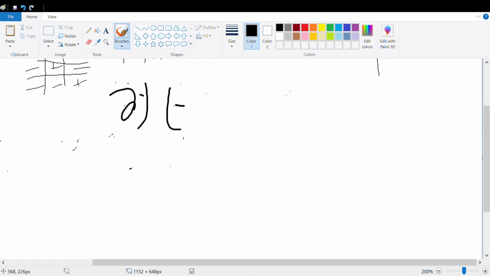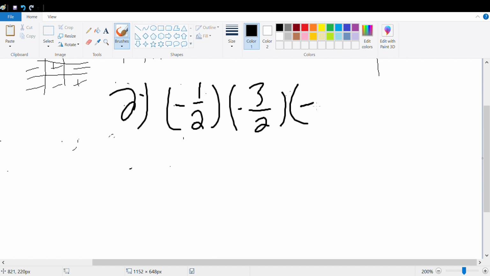Okay. So first we're going to multiply negative 1/2, or negative half, times negative 3/2 times negative 1/5. And there isn't any multiplication sign, but since there isn't any sign between each number, we are going to be multiplying them. The way we multiply fractions is we just go straight across on top and straight across on bottom.